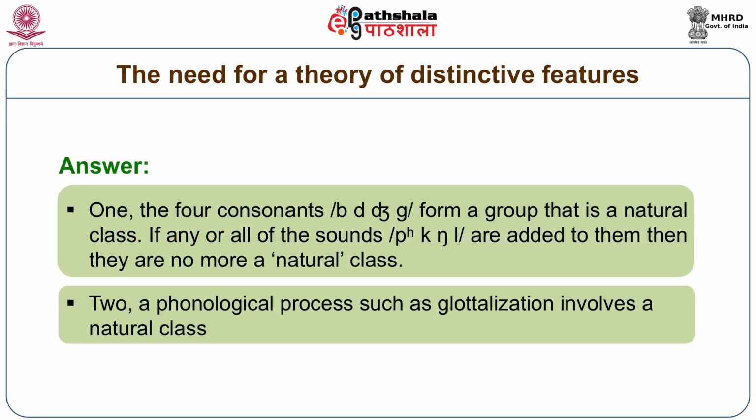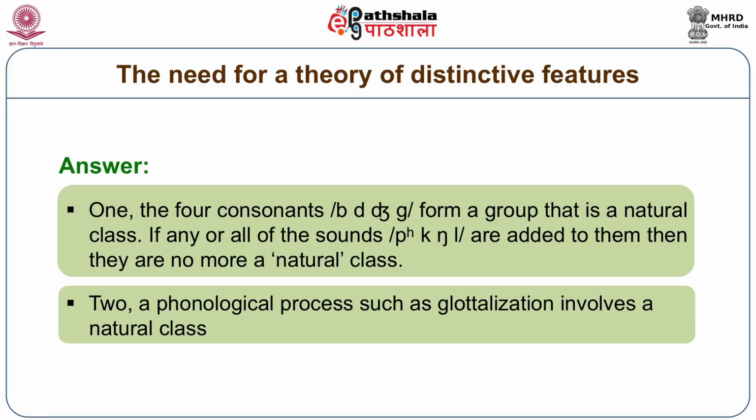If we want to go into an explanation of some of these processes, then we find that the distinctive feature notion is of use. How? Now, as we go into the accounting for these processes, how is distinctive feature notion important here?